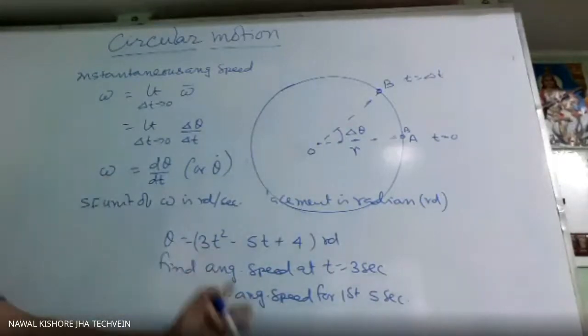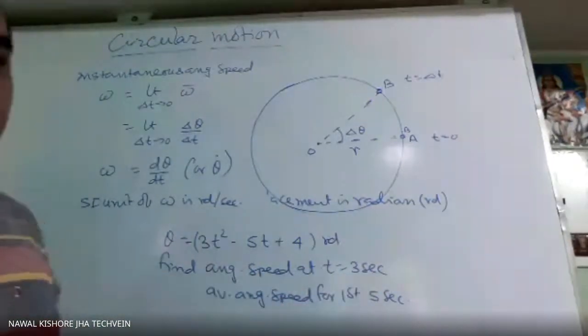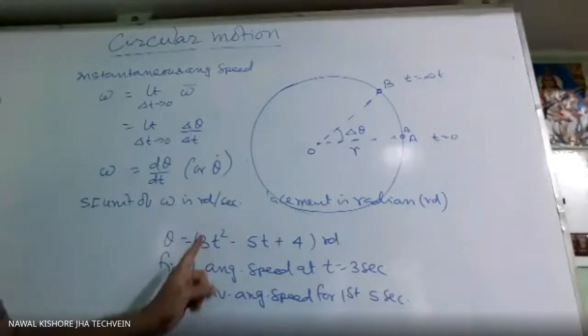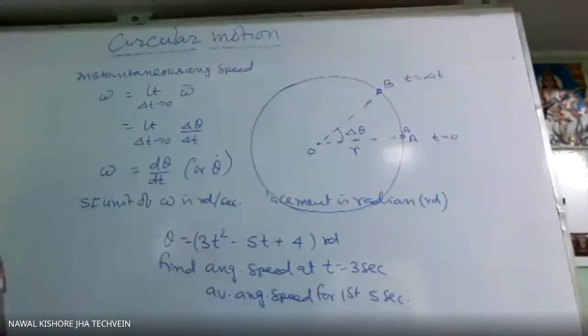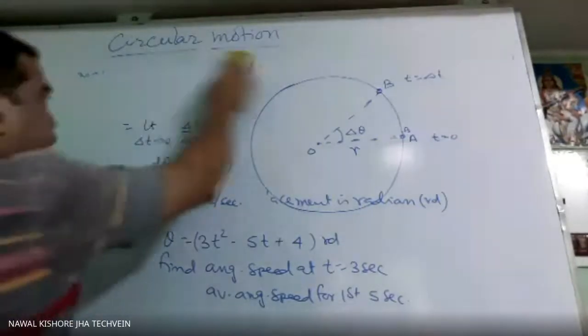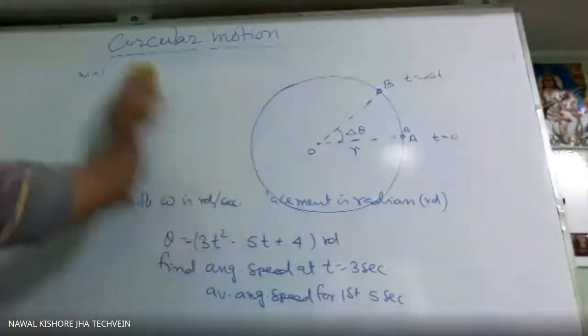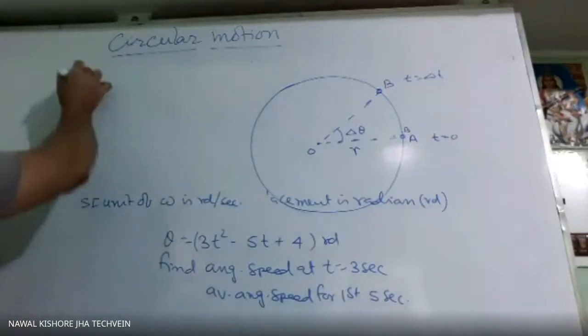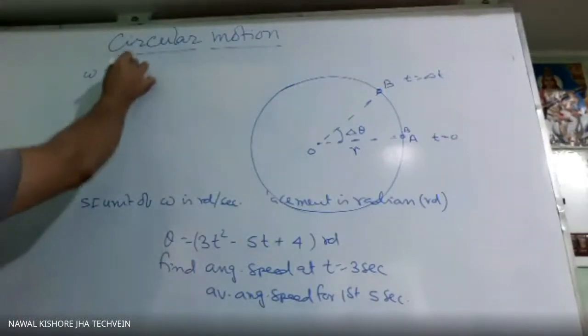When you are asked the angular speed at t equal to 3 seconds, what is asked? This is instantaneous speed at a particular instant. So to find this instantaneous speed, we will have to differentiate it with respect to time. As we know, omega is d theta by dt.